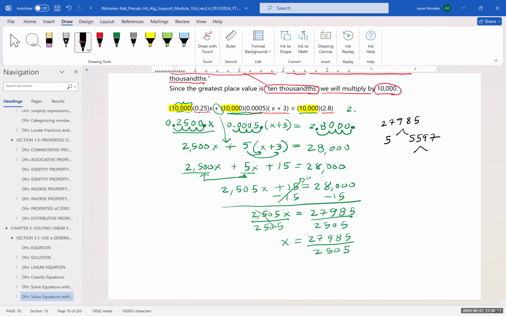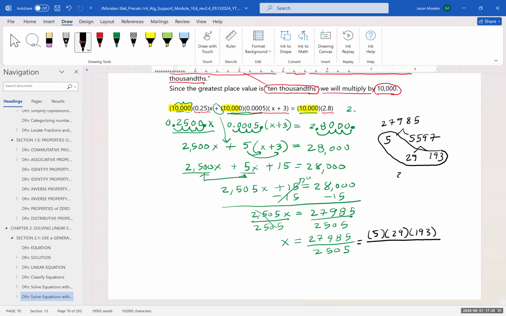And then the other prime numbers don't work until you get to 29. And you get 193, which is a prime number. So 27,985 is 5 times 29 times 193.